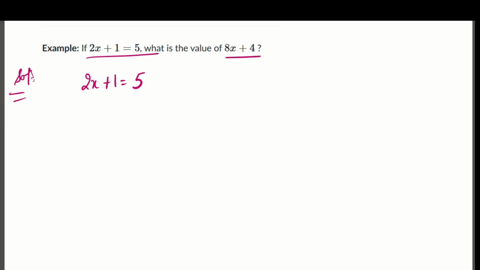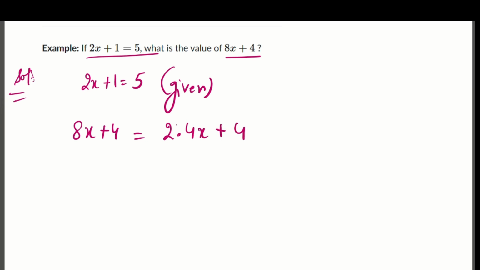This is the given equation, and this is what we have to find. We can take a common 2 from here. We can write it like this: 2 multiplied by 4x plus 4, and we can keep a 4 common, 4 times 2x plus 1.